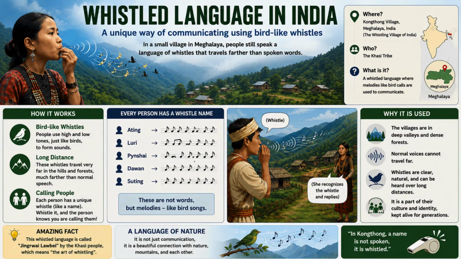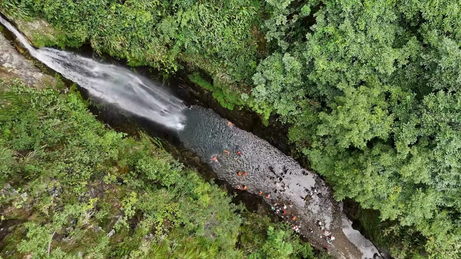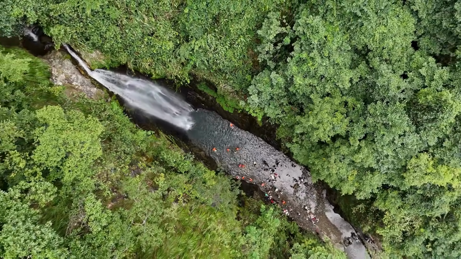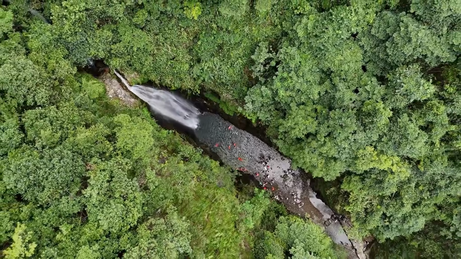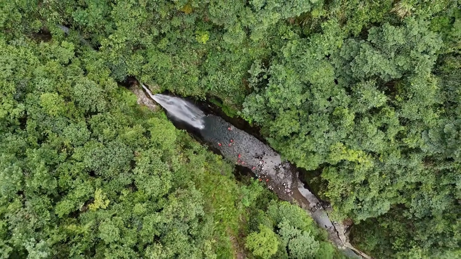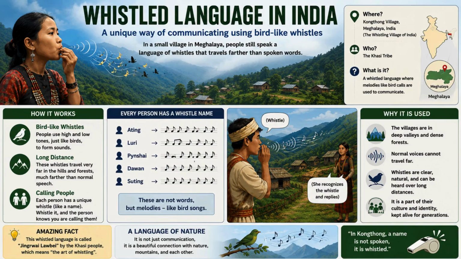Each tune is different, just like a unique ringtone for every person. These whistles can travel much farther than normal speech. So, if someone is deep inside the forest or standing on a distant hill, a whistle can carry the message much more effectively than shouting. It's a simple yet brilliant way of communicating.